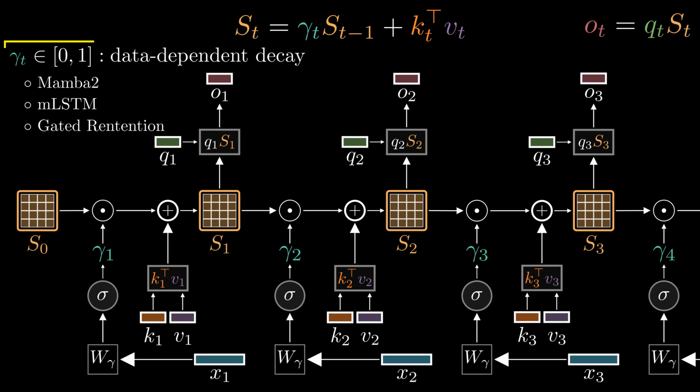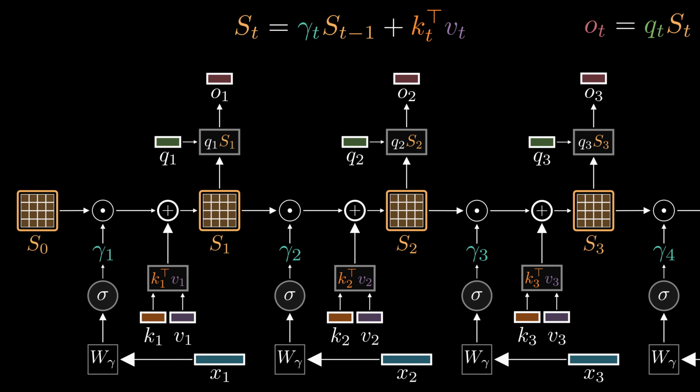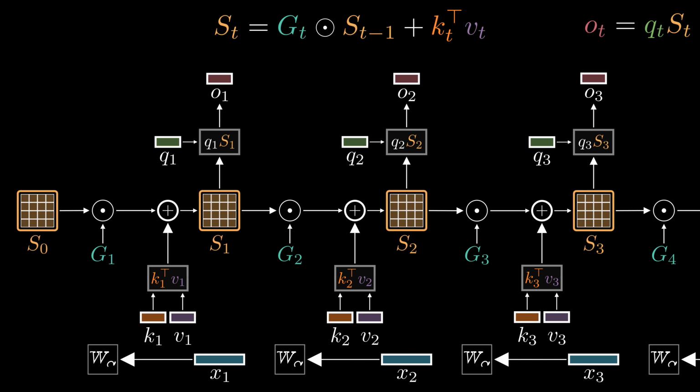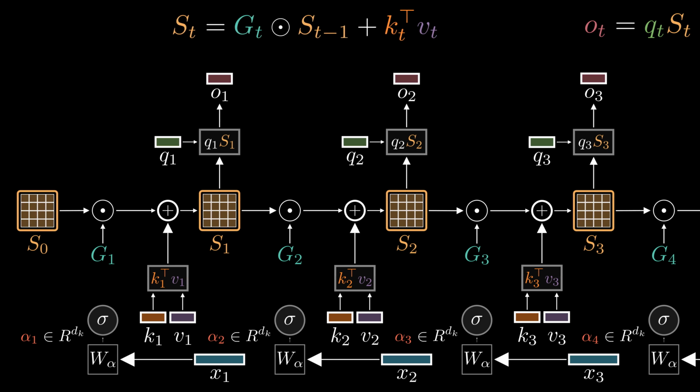But why restrict ourselves to using only a scalar gating factor? For example, we can use a more expressive gating factor for fine-grained state memory control. However, introducing arbitrary matrix-valued gates greatly increases the training complexity and presents additional efficiency challenges. Typically, we impose an outer product structure to ensure hardware-efficient training.